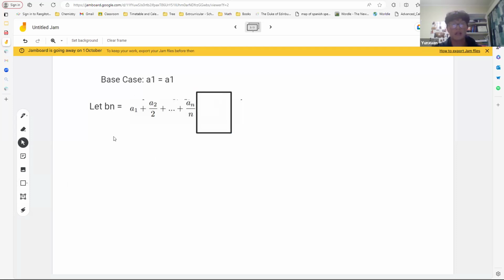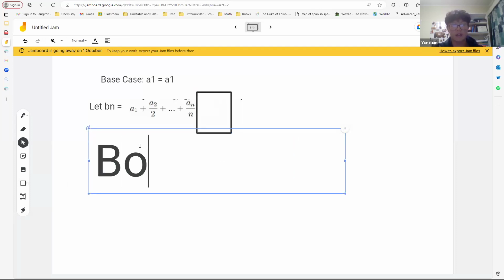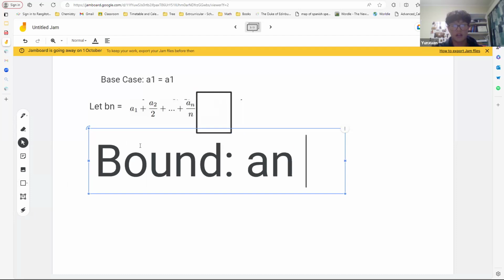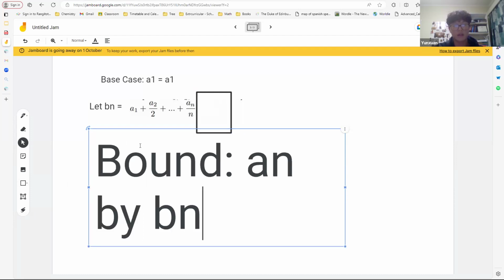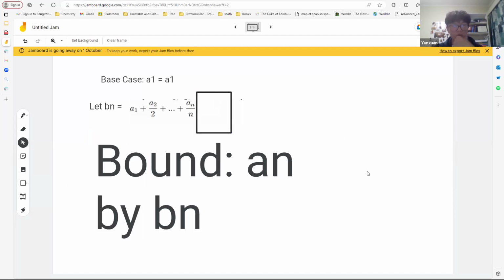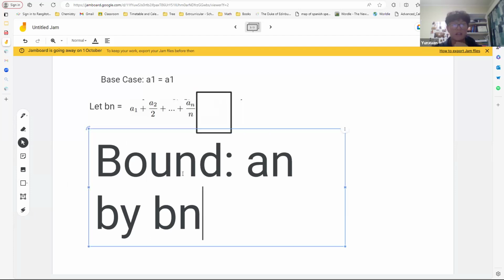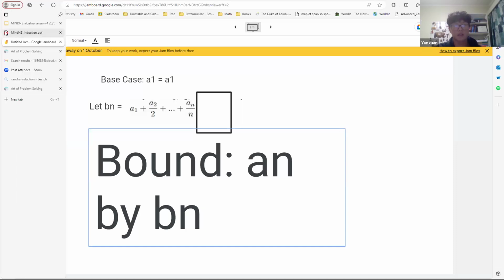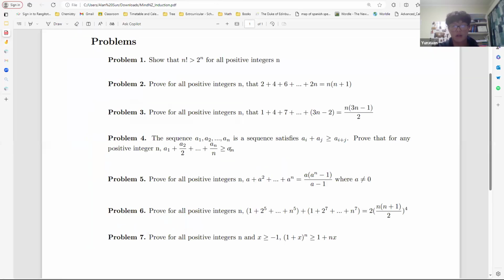How would we bound An by Bn? Because now, instead of bounding An by a ridiculous sum, we just bound An by Bn. So it's basically bounding a sequence by another sequence instead of bounding a sequence by a constant, which we did earlier.